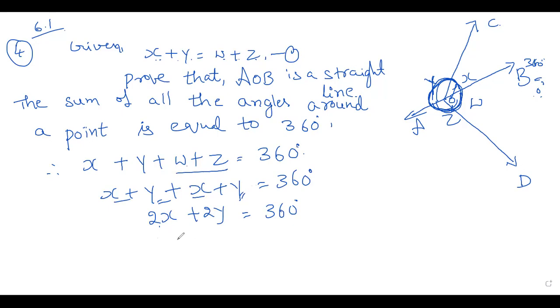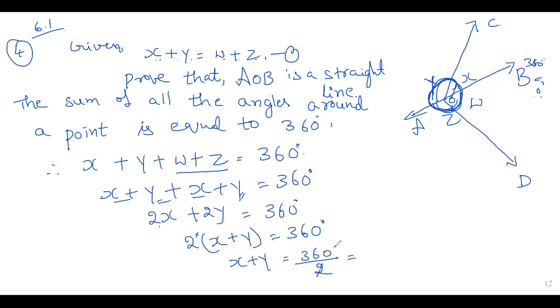Then if you take 2 as a common factor, 2 is taken outside and x plus y remains, that is equal to 360 degrees. Now x plus y is equal to 360, so 2 comes to the denominator. There is a multiplication sign between the number and the variables, right?